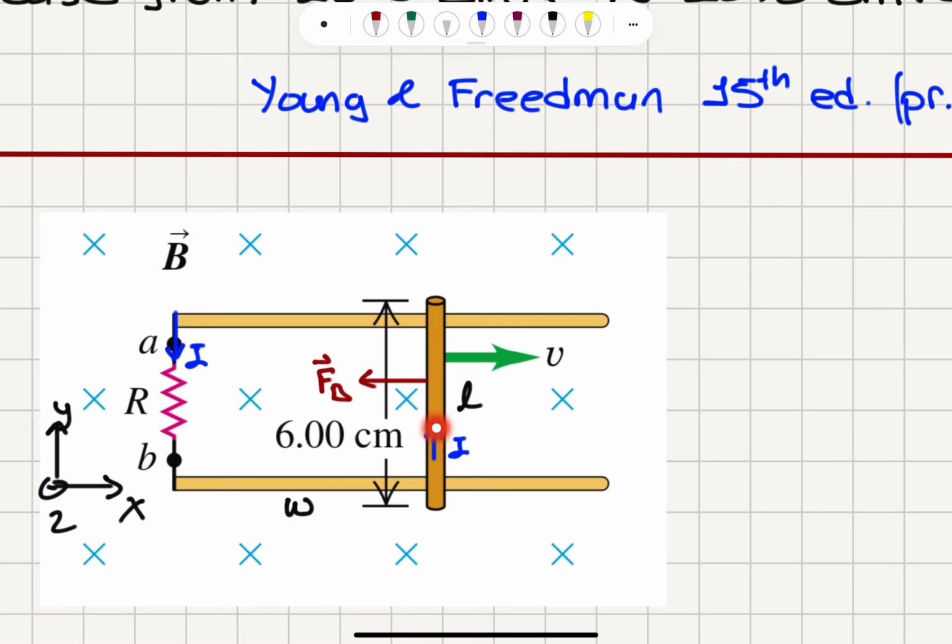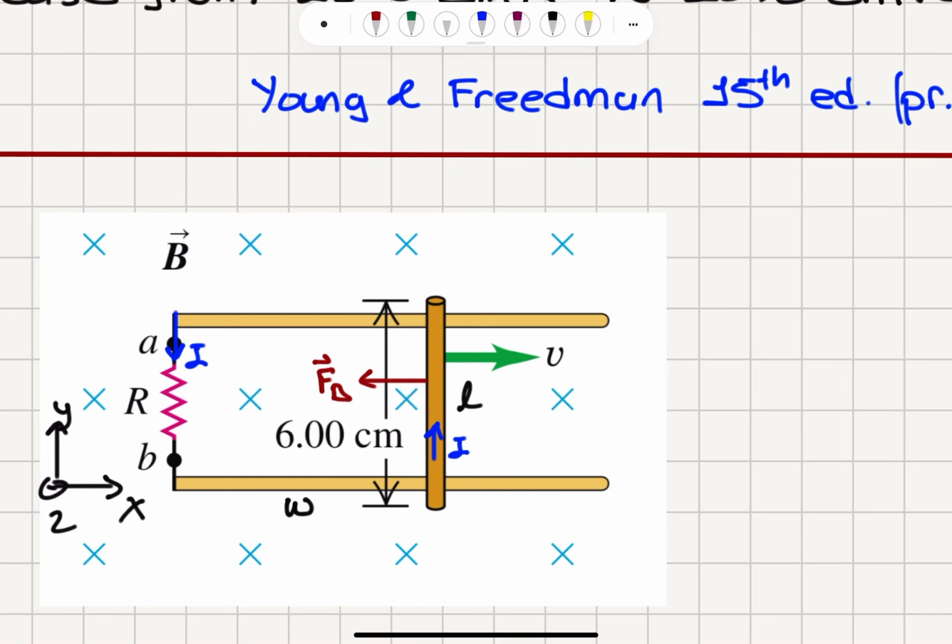Using the right hand rule, the thumb points in the j-hat direction, the four fingers basically point out of the page when the current flows counterclockwise. So you can see that with this, Lenz's law is satisfied. It will be opposing the increasing flux into the page.